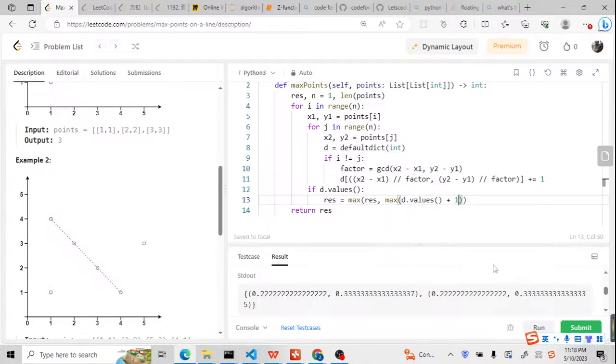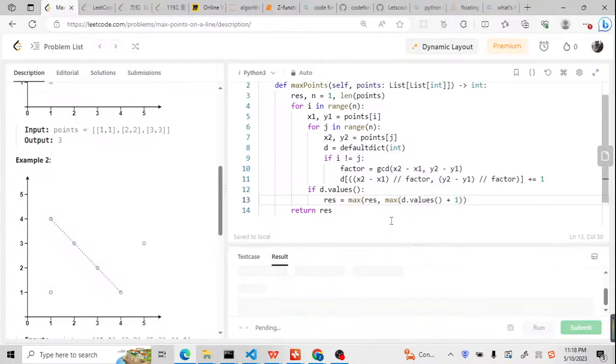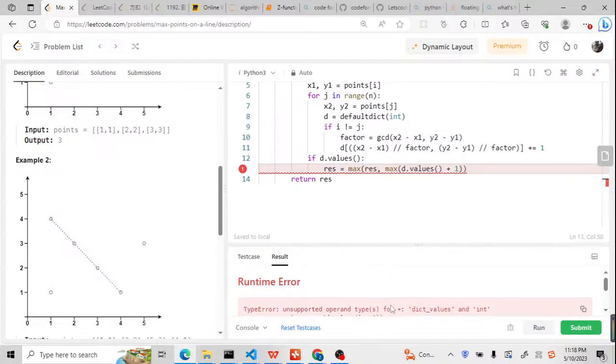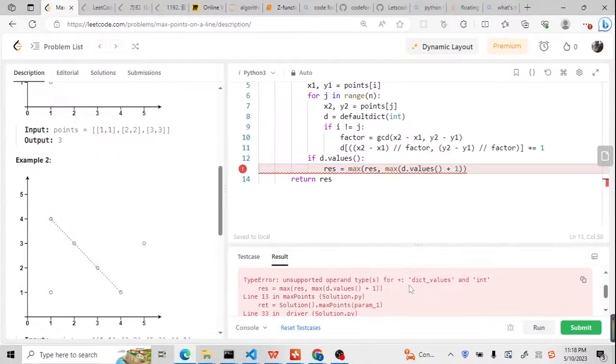Now let's check if it works. This is a dict values unsupported operator error. Let me write it again. So it should be the maximum of the result and max of d dot values, plus 1.